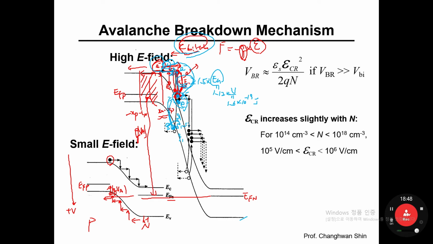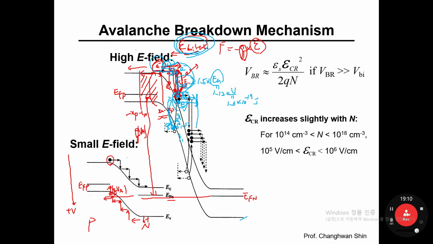And this mechanism can occur repeatedly because of the stably formed built-in electric field in the depletion layer. So those two electrons would accelerate together, and at some point, those two electrons would be scattered with the silicon atoms.